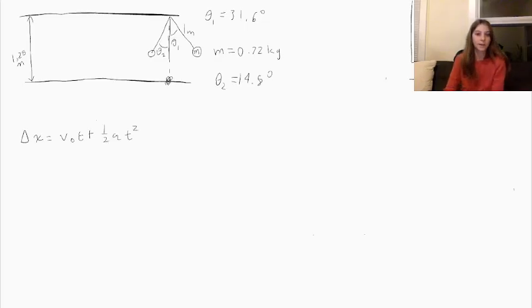So our v naught is specifically our vy, in the y direction, and our a is going to be g. So let's figure out the change in height. That's going to be the final minus the initial. So the final height is 0 as it hits the ground. That's what we're trying to find.